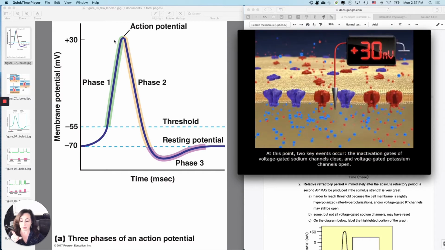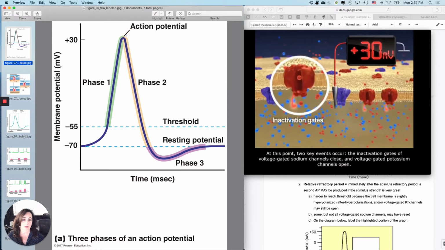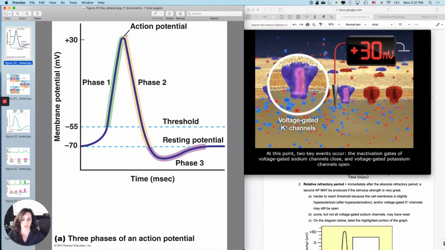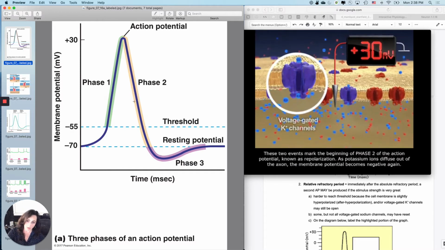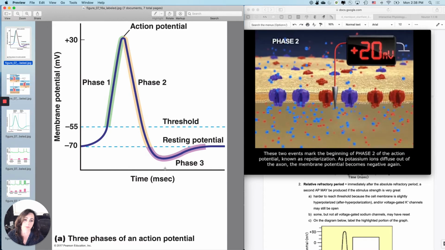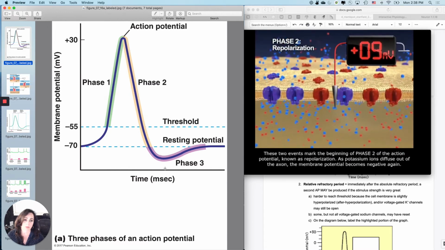Okay, so at plus 30, what is going to happen? What's going to happen is you're going to close your sodium and then open your potassium, and I'll put it back together with refractory period in just a second. Give me a minute. At this point, two key events occur. The inactivation gates of voltage-gated sodium channels close. And voltage-gated potassium channels open. And now we're going down. These two events mark the beginning of phase 2 of the action potential, known as repolarization.